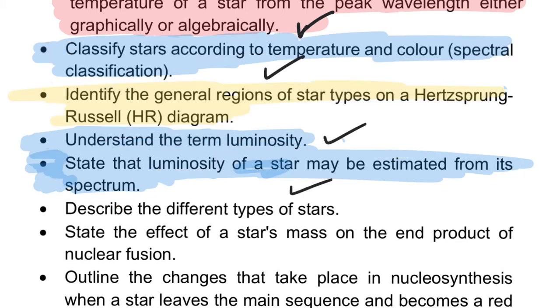Welcome to this fifth video lesson on astrophysics and cosmology. Now, in this video lesson, we are going to basically look at describing the different types of stars. And we are going to do this in relatively great detail. We are going to use what we've learnt about luminosity in previous video lessons.